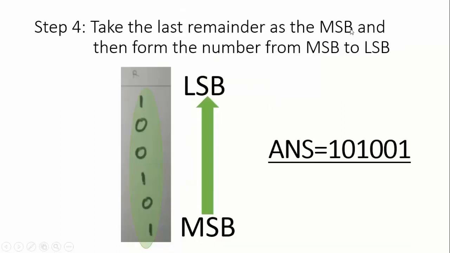So we take the last remainder as MSB and then form the number from MSB to LSB. As you can see from the previous step, the MSB bit is the last remainder which we have obtained, and from there we go on forming our complete binary number. So our decimal number was 41 and its binary representation would be 101001 as we have obtained our answer.